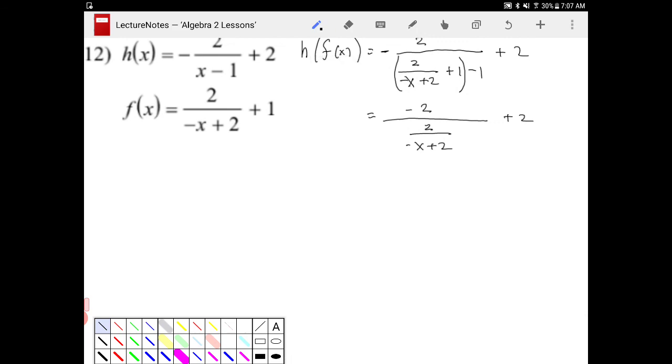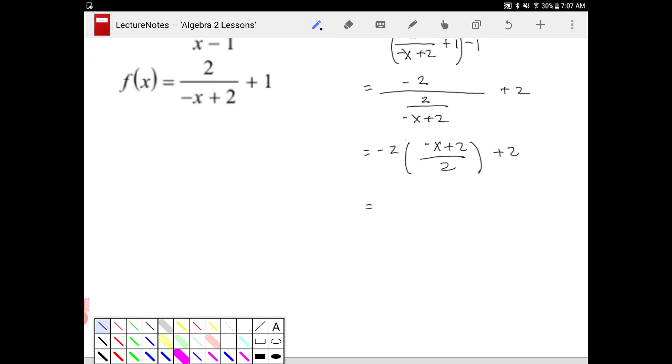I am going to clean up the fraction by dividing the denominator, and that is the same thing as multiplying by the reciprocal. So it's negative 2 times negative x plus 2 over 2 plus 2. The negative 2 and positive 2 cancel. I'm left with negative x plus 2 plus 2.